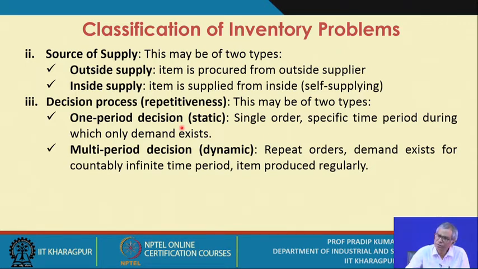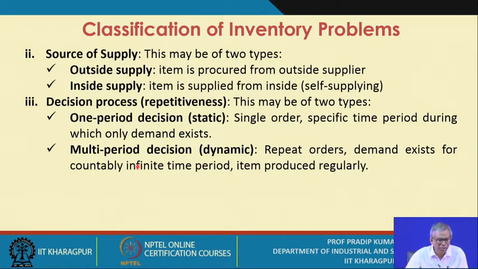So you need to have a single order in all likelihood, because usually in such cases the selling season, or say the time period, is maybe a few weeks or maybe 1 month. So you decide to have just one order for meeting 1 month's demand.